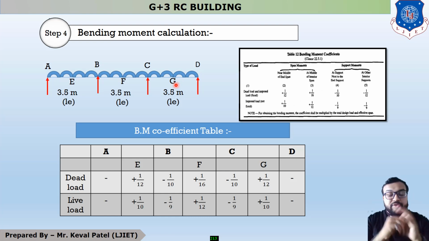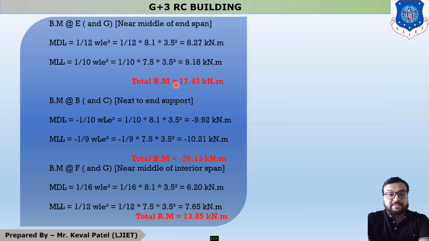After finding out the bending moment coefficients, in the next lecture, we have to find out bending moments with the help of these coefficients. Okay, so students, in the next lecture, we have to do all these bending moment calculations.